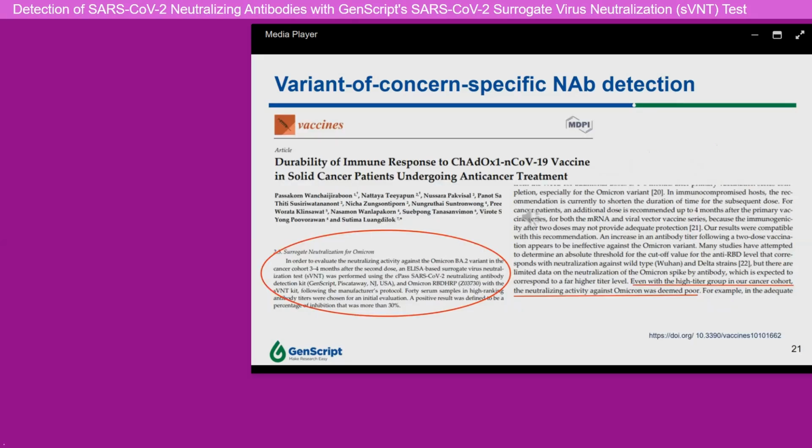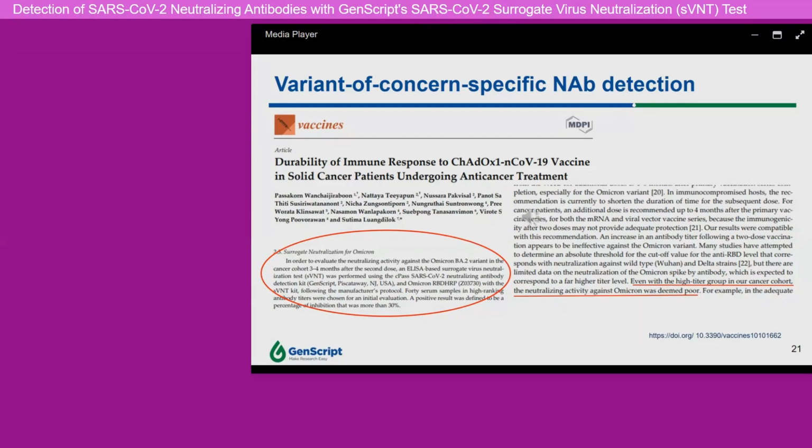This was a study in Thailand looking at solid cancer patients and their immune response to the AstraZeneca vaccine when compared to healthy individuals. Their study goals were to generate more data to better determine next booster timeline and to assess the vaccine efficacy in cancer patients. They found the total immunoglobulin decay rates to be similar to healthy individuals, even though they averaged a lower overall response.